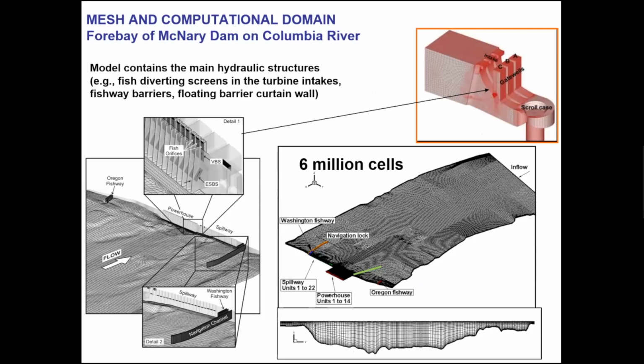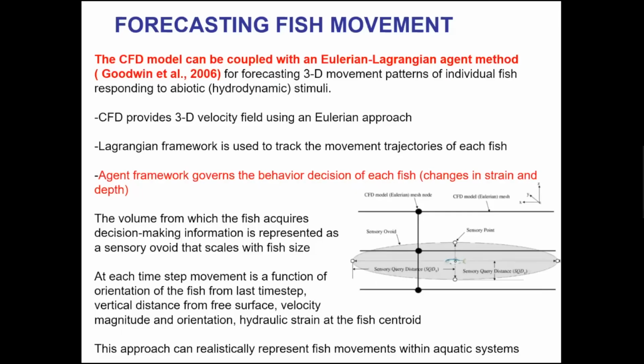Another part of this project is based on steady state simulation, and this has to do with connecting the hydrodynamic results, in terms of the velocity field in the forebay of the dam, with an ecological model which tries to forecast the trajectory of the fish.